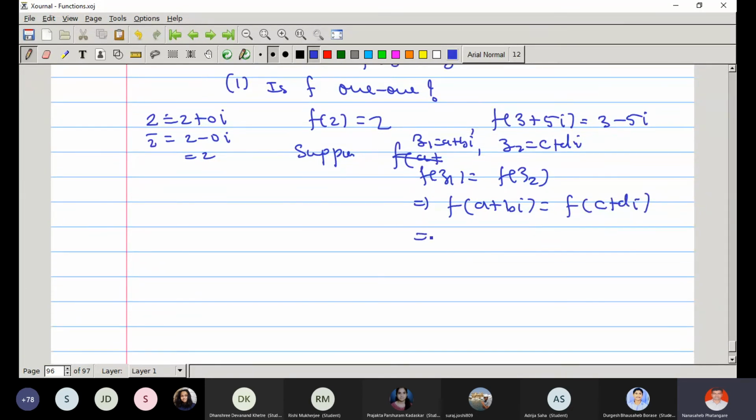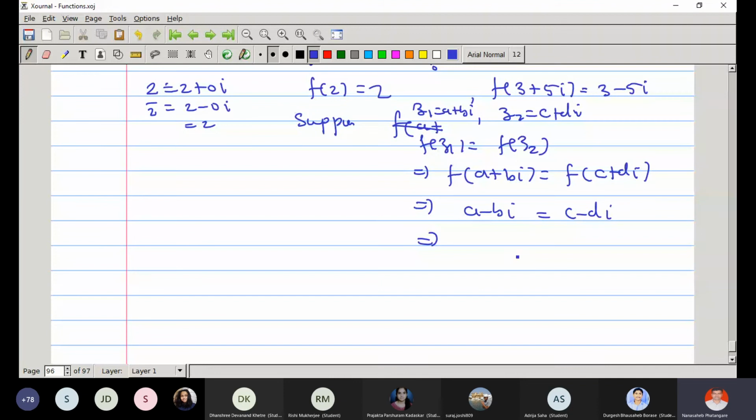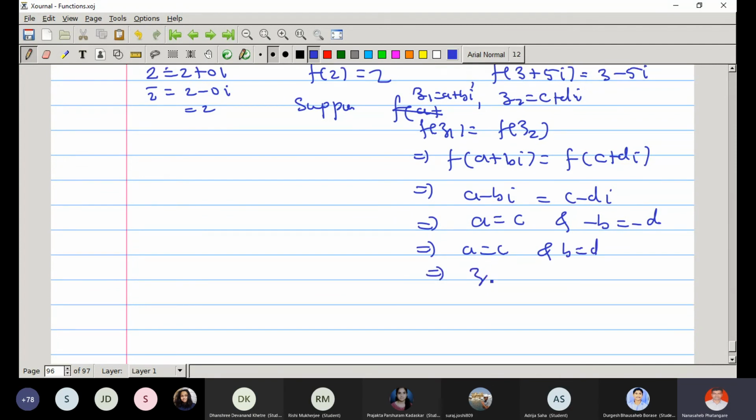By definition, a minus bi is equal to c minus di. Now we are saying that these two complex numbers are equal. When two complex numbers are equal, their real parts are equal and imaginary parts are equal. What does it mean? a is equal to c and b is equal to d. That means z1 is equal to z2.